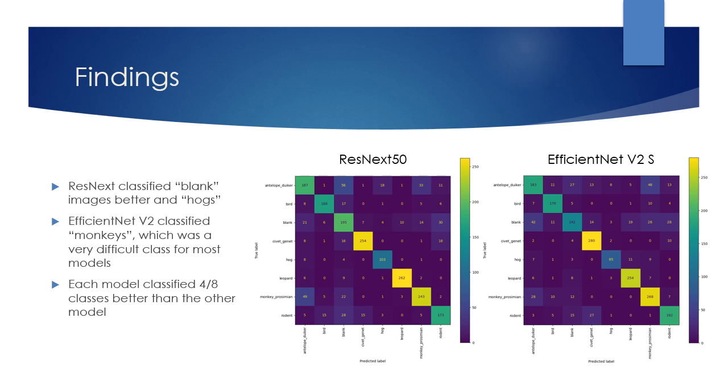It posted very similar accuracy, and it still classified 4 out of the 8 classes better than the ResNext 50 model. So that could be the championship model as well, and that was my choice for the championship model.